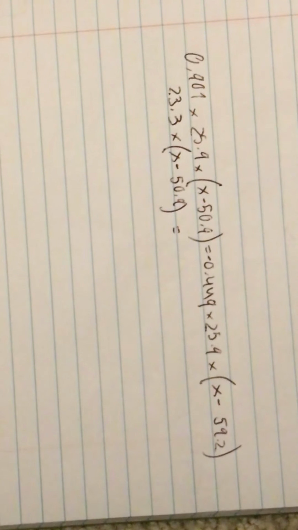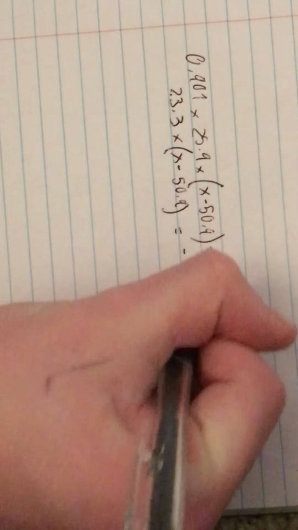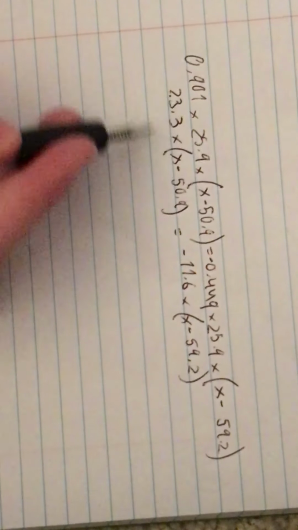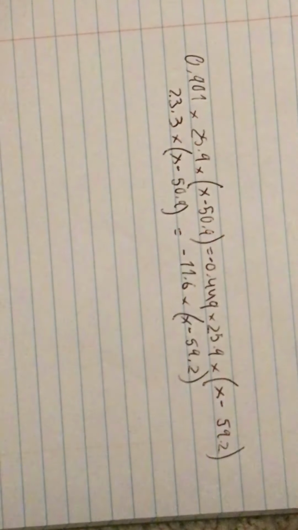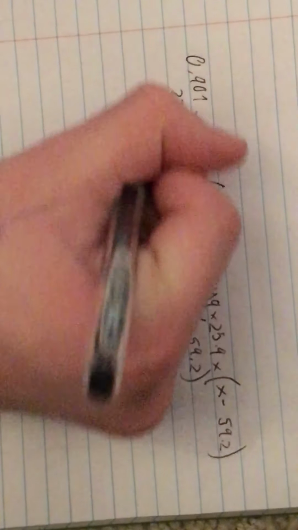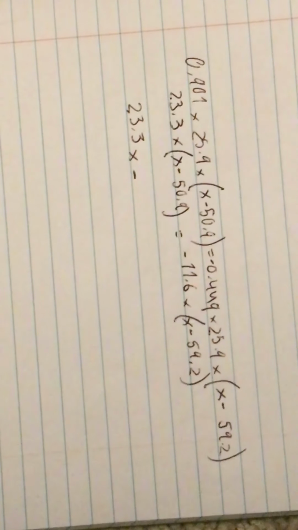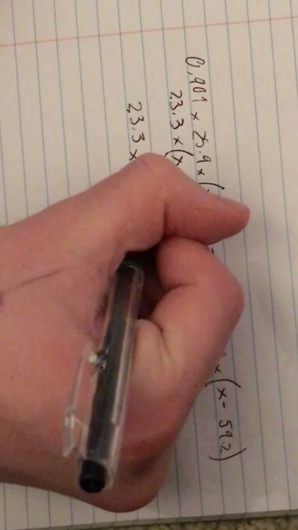So when we multiply those together, we're going to get negative 11.6 times X minus 59.2. And then you're going to do the distribution just like you would in algebra. So this is going to become 23.3x minus 23.3 times 50.9, which is going to be 1185.9.